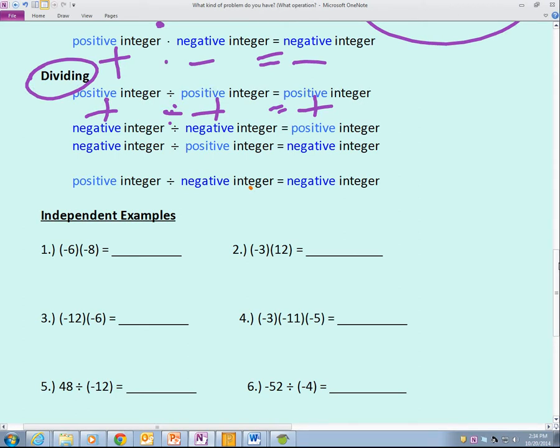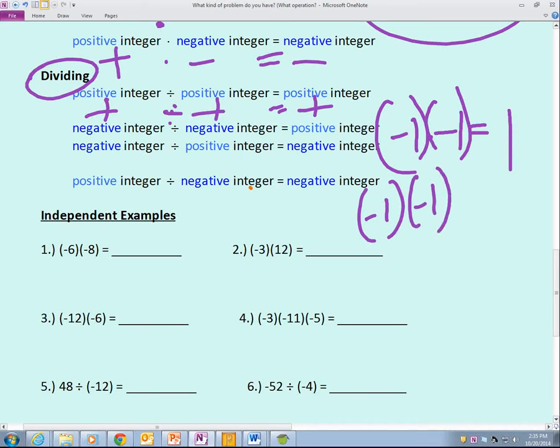If you have an odd number of negative integers, is it going to be a positive or negative quotient or product? Negative. So if you had, for example, negative 1 times negative 1, that equals what? 1. It's a positive number. But if you have negative 1 times negative 1 times negative 1, what does that come out to be? It's negative 1, exactly, because we have 3 of them here. 1, 2, 3. See the odd number?